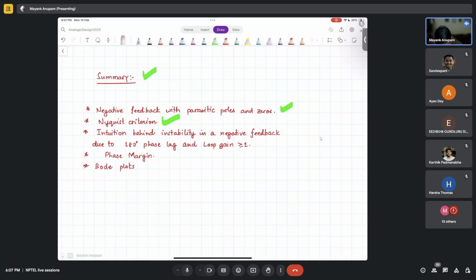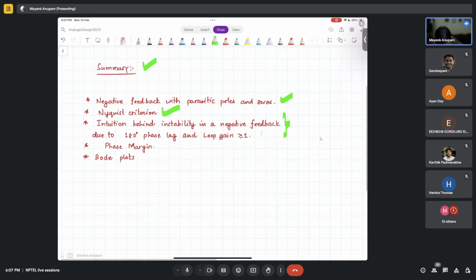I will try to provide an intuition. However, this particular intuition is only valid for systems which have only poles. If the system has zeros, then it is not strictly true. Anyway, we'll come to it later.